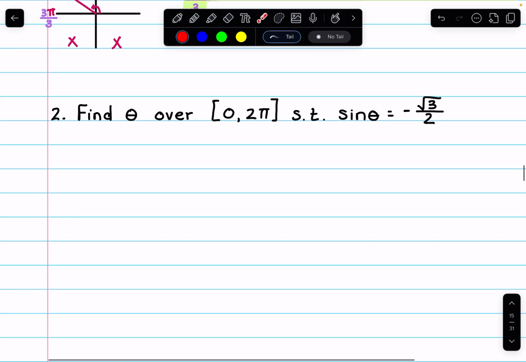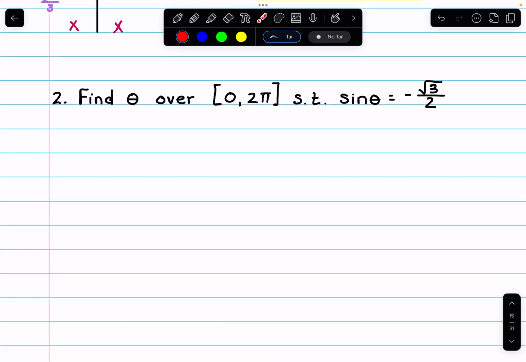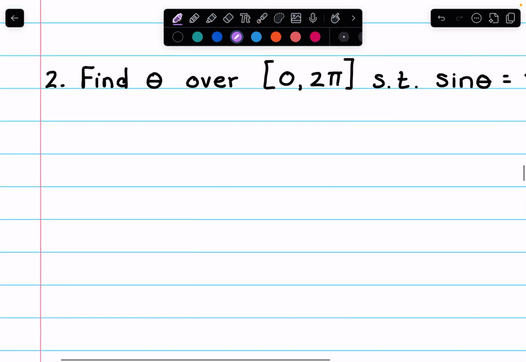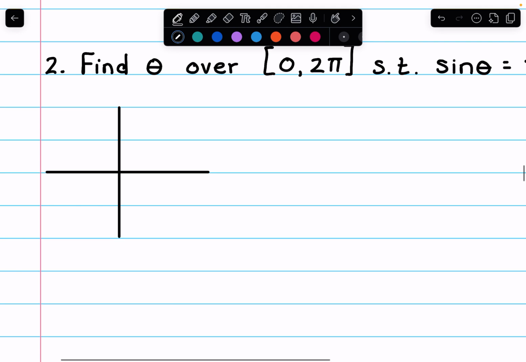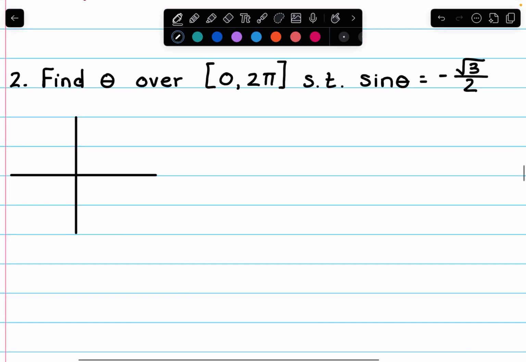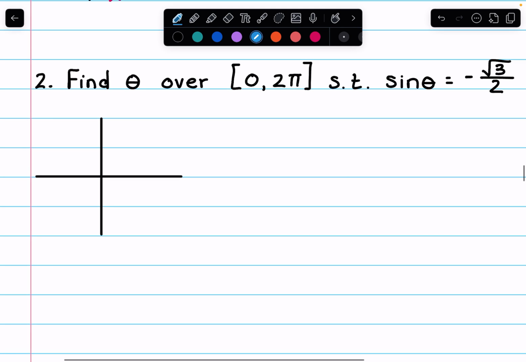Okay, one more. This says find theta over the interval 0 to 2 pi. So now I'm all the way around my circle, right? such that sine theta is negative square root 3 over 2. So I have my quadrant here. If sine is negative, right, and I'm 0 to 2 pi, so I'm all four quadrants.